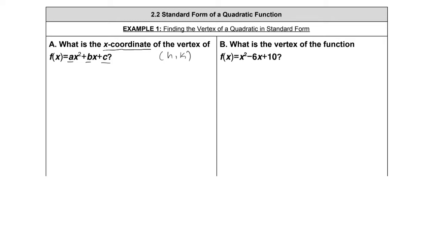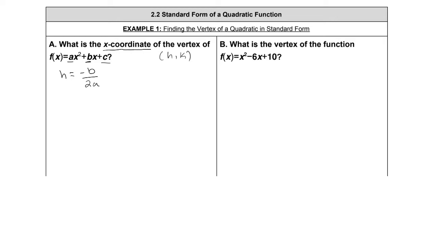Well, our x is our h of our vertex, and how we do it is the formula h equals opposite of b over 2a. So you take your b, your coefficient of x, and take the opposite of it. If it's positive, make it negative.